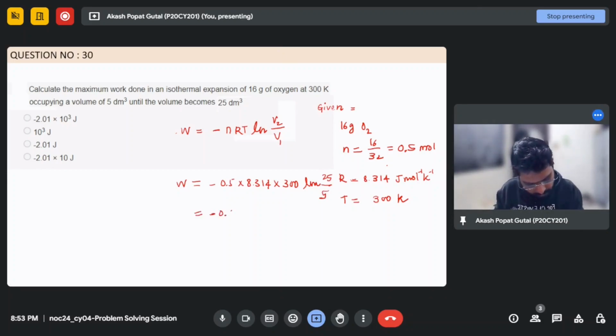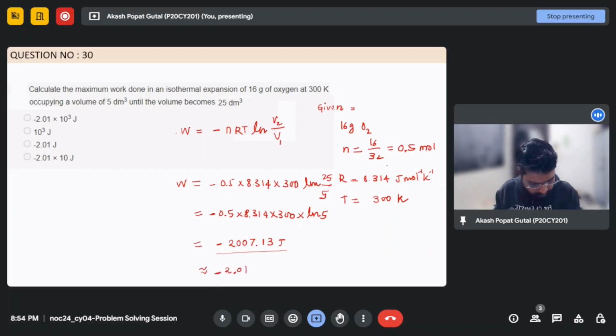If you calculate ln 5, it gives minus 2007.13 joule, which is nothing but minus 2.01 into 10 raised to 3 joule. So the answer should be option number 1.